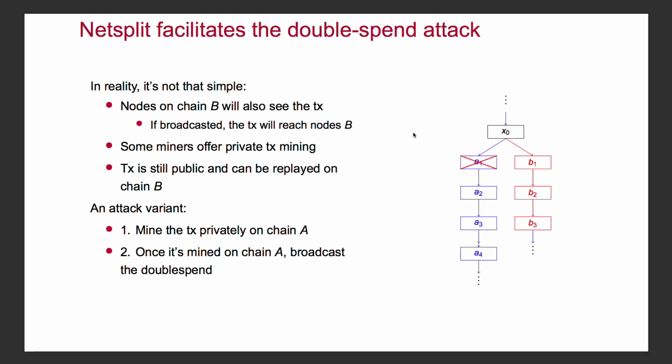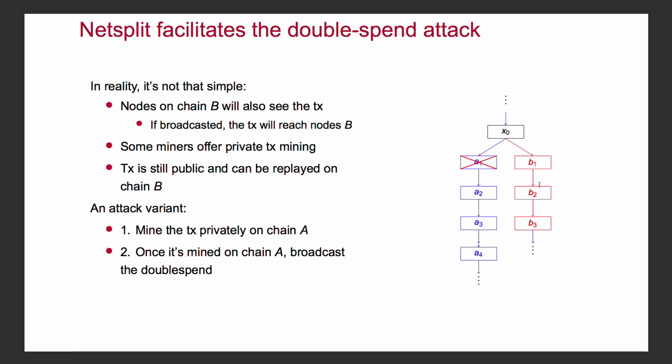So to bypass all those problems, one could try mining the transaction privately on chain A by making a miner include his transaction or her transaction, and at the same time, as soon as this transaction is mined, broadcast a double spend.